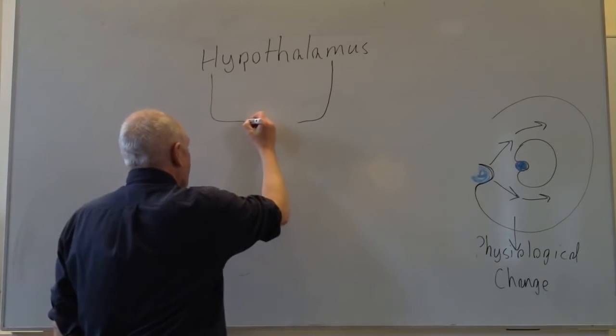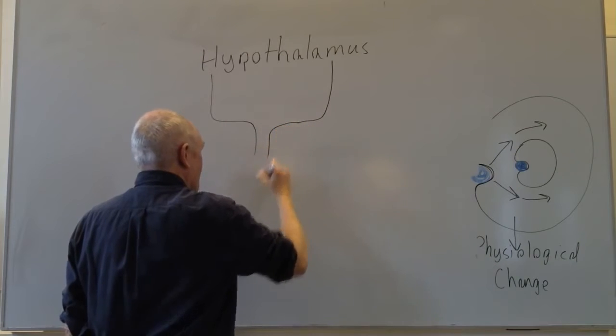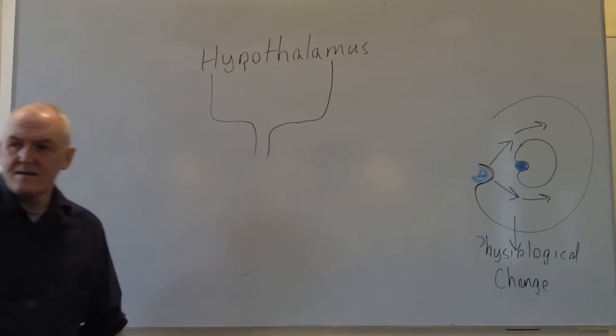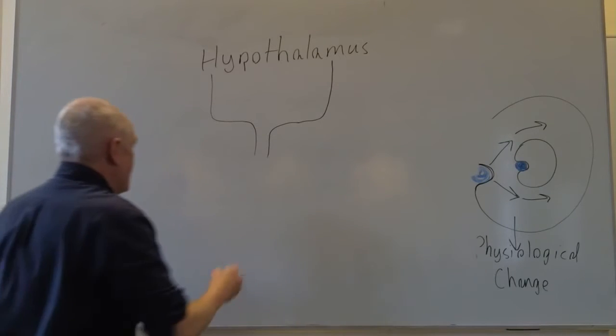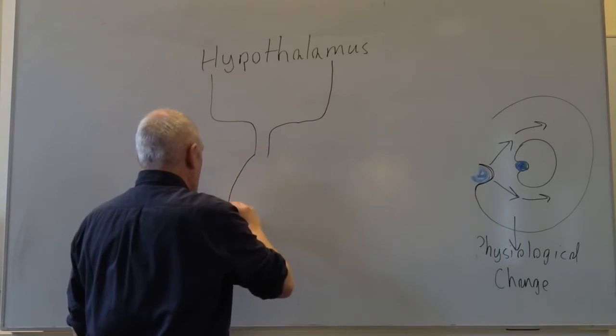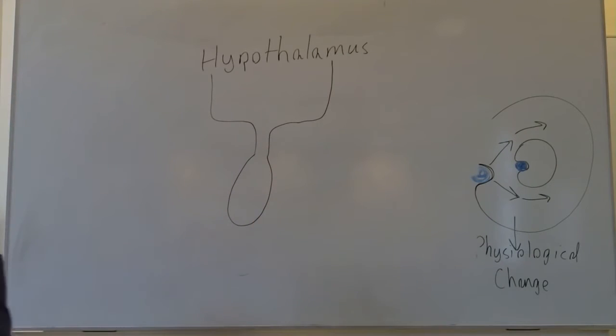And at the bottom part of the hypothalamus is like a little stalk like this. And that little stalk widens into a lobe like this. And this lobe is part of what we call the pituitary gland.